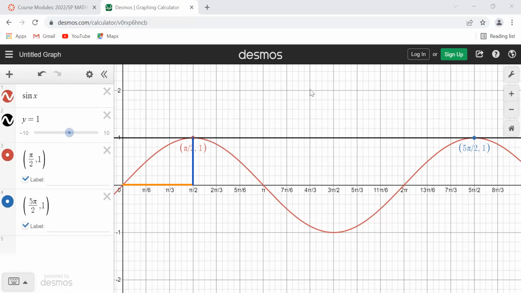And the input 5 pi over 2, and these two inputs are different, and the respective output is 1 as well. So this pair also illustrates that sine is not one-to-one.